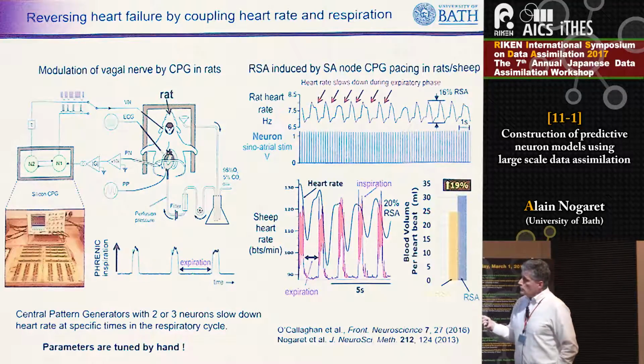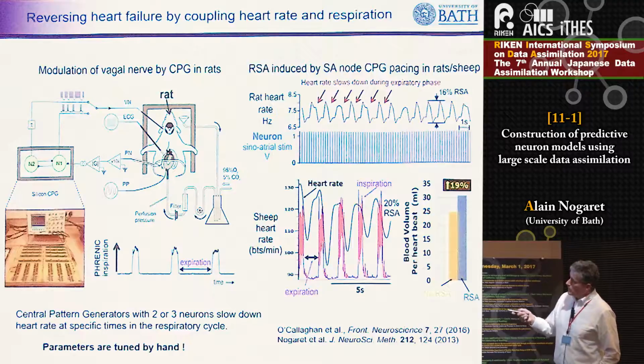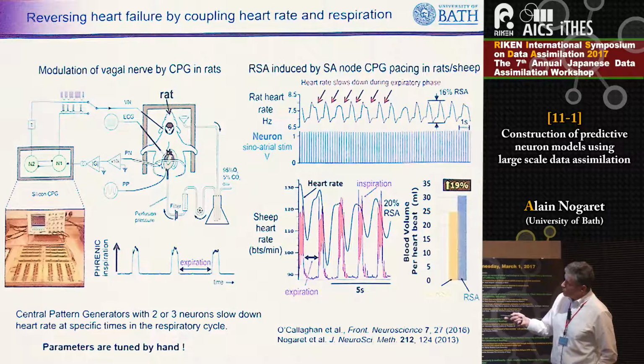And if you do that, this is some result of an experiment in sheep. You can see that the heart rate is changed in phase with the respiration here. This is when the sheep breathes in, and this is the expiratory phase. Without modulation, the cardiac output is quite low.